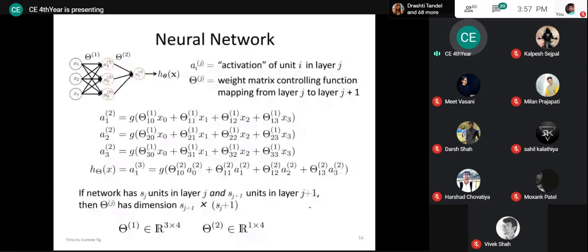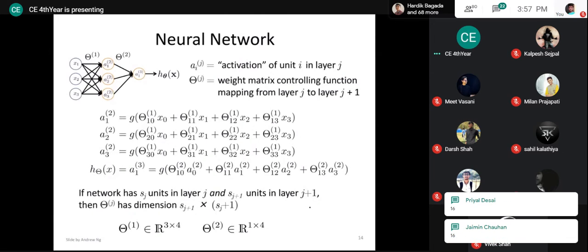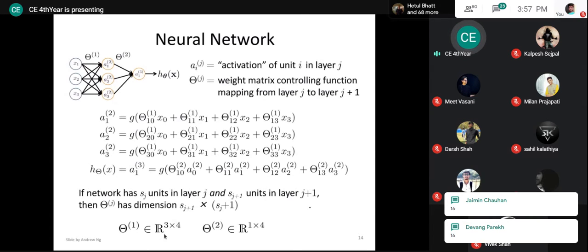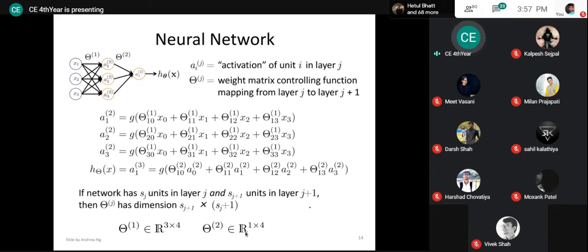Whenever I say total parameters, that means the total number of theta values, how many different theta values you need to store. 16, right? For the first layer, that is theta 1, it's 12, and for the second layer we have 4 more. So in total, there are 16.